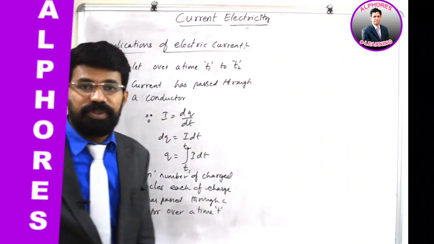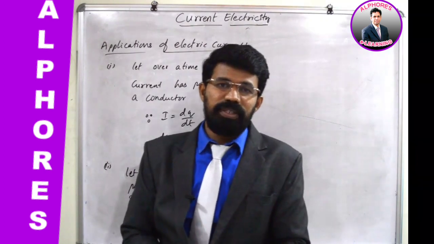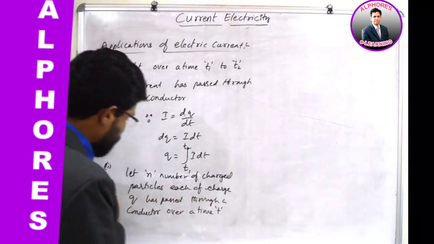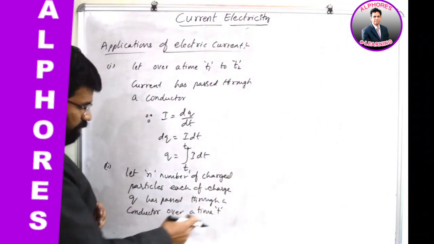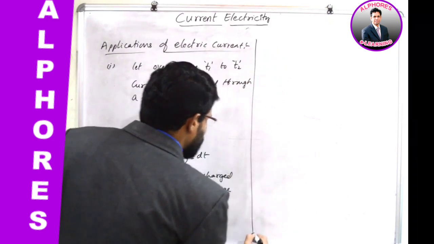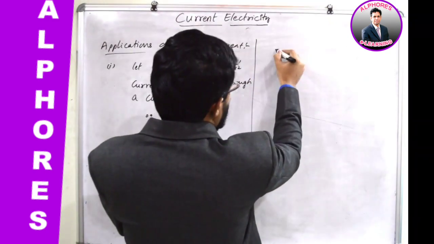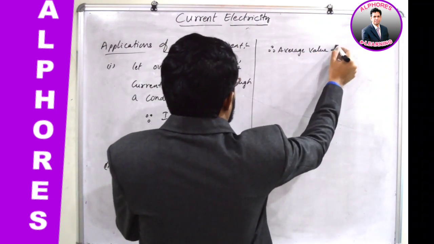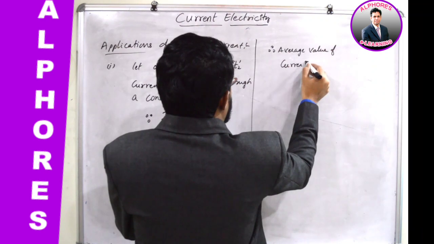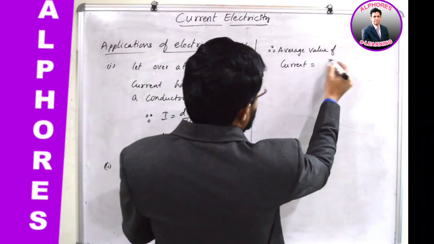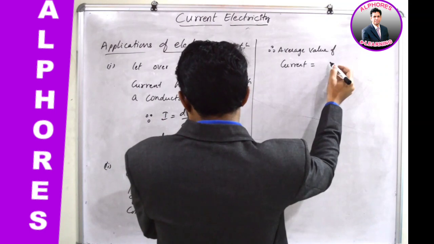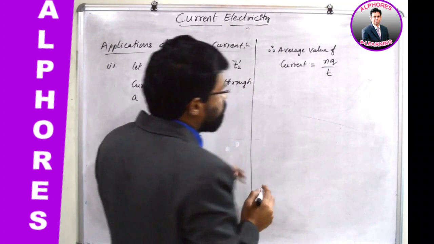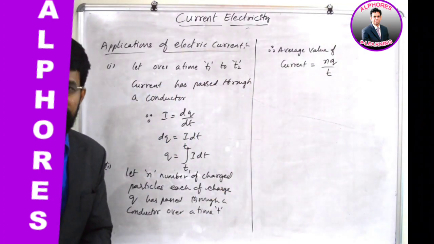So this is the situation. Each particle has a charge equal to q. How many such particles are there? N particles are there, and all those particles have passed through a conductor over a time equal to t. Corresponding to this situation, if you wanted to write the average value of the current, how can it be written? Total charge is nq divided by total time taken. That's how you can write it: nq by t, isn't it?